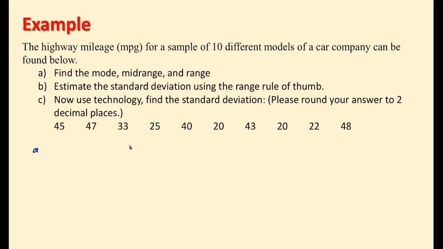If we look at part A, the first thing that we are looking for is the mode. Mode is the most repeating data value. When you look at this data, you can see that here is 20, here is also 20. We don't see anything else repeating.